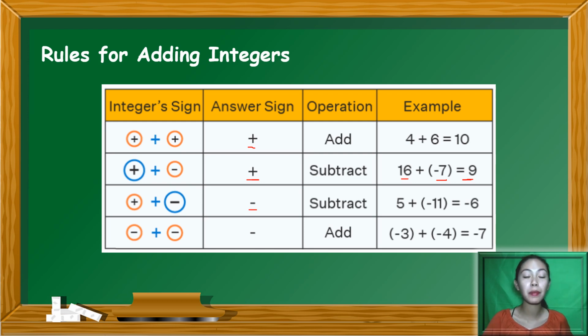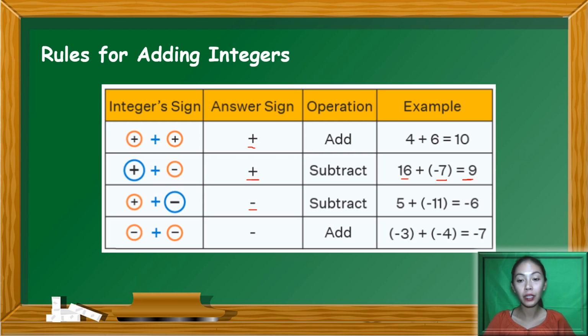It is the same as in the second, positive plus negative, and the operation is still subtraction, but here the negative is the bigger number compared to the positive. Unlike in the second integer sign, where the positive is bigger than the negative.